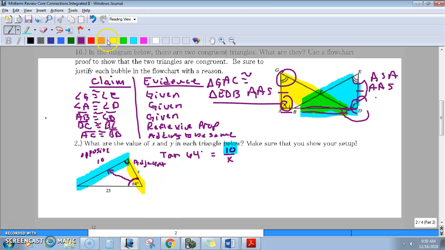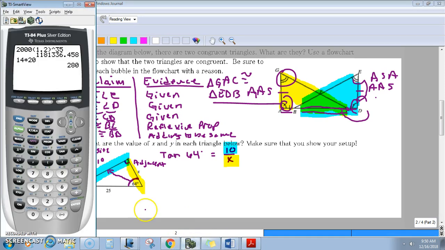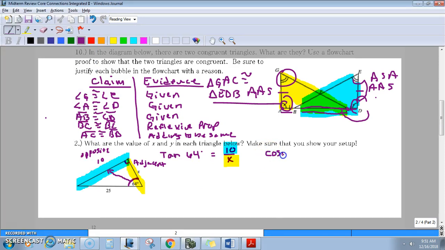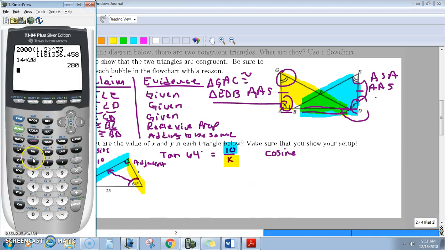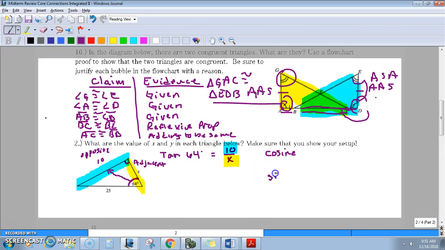So whenever we have the tangent, we always put the opposite, or the rise, over the adjacent, or the run. But there are two other buttons on your calculator. Here's tangent, then before tangent is cos, which we say cosine, and we just call it cos on the calculator. The one next to that looks like sin, but we call it sine, and you would spell it sine.